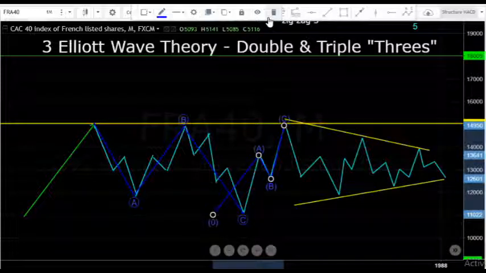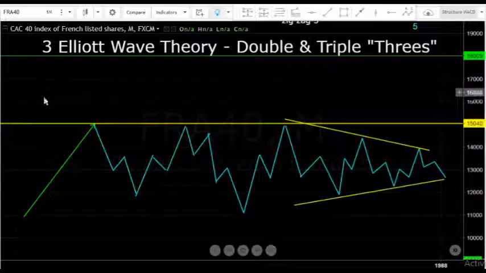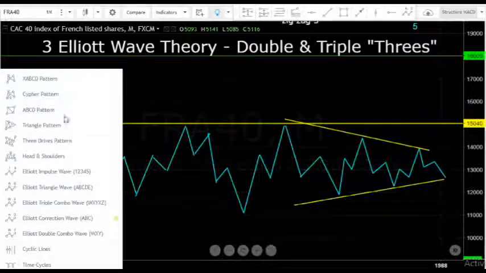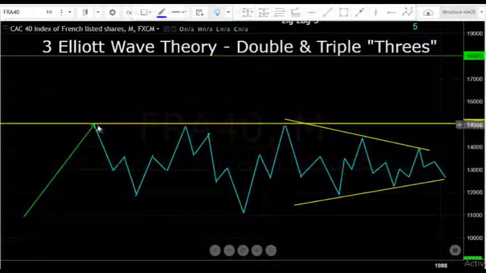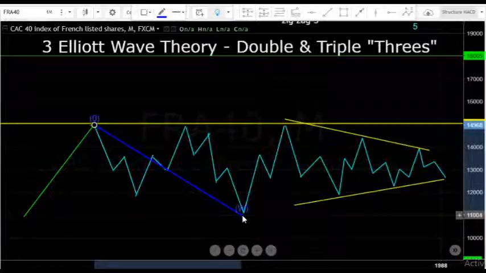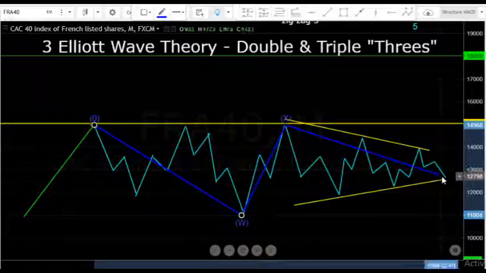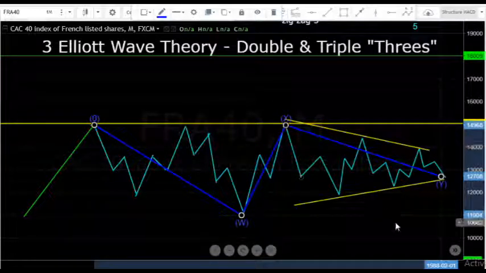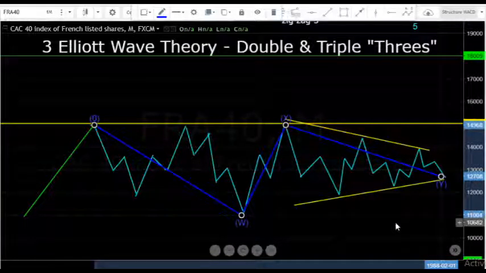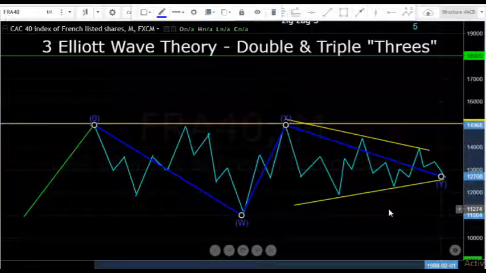So once this thing's completed, for simplicity's sake, we would label it like this. Our first corrective wave, our flat, is labelled W, our connecting wave is labelled X, and our triangle is labelled Y, so that we know we've got a double 3.